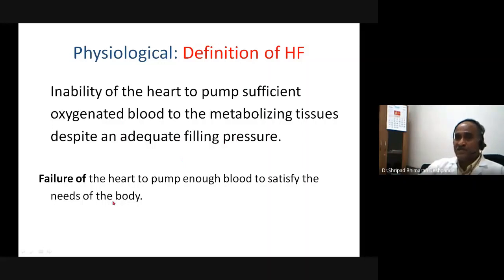That means failure of the heart to pump enough blood to satisfy the needs of the body, that is the metabolizing tissues. Making it simple, the needs of the body are the needs of the metabolizing tissues.